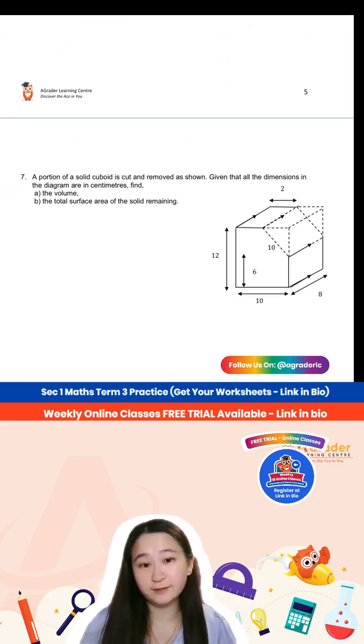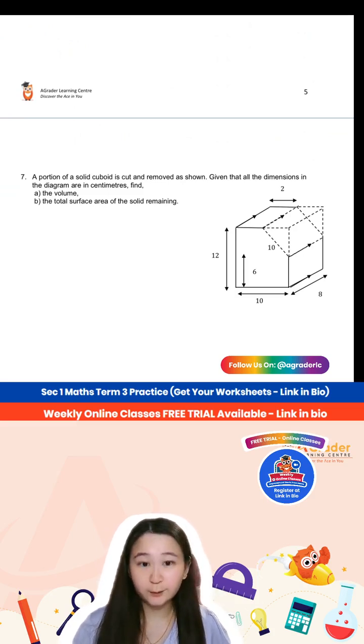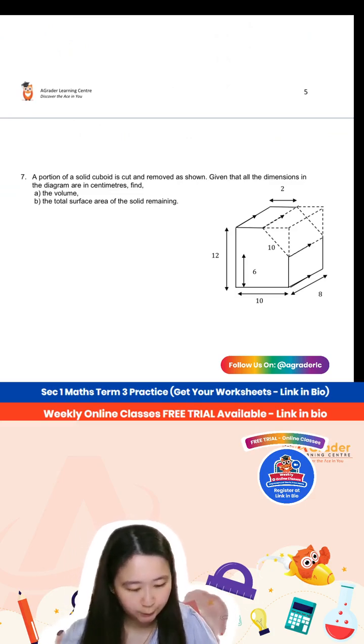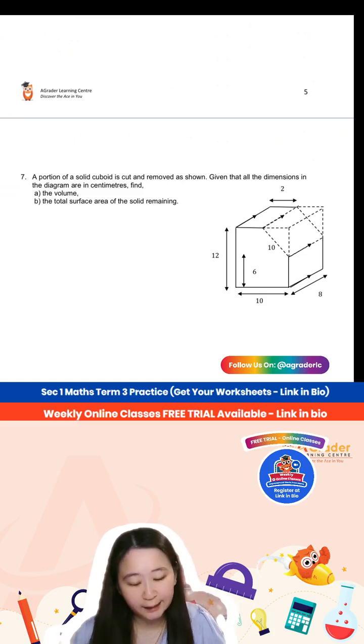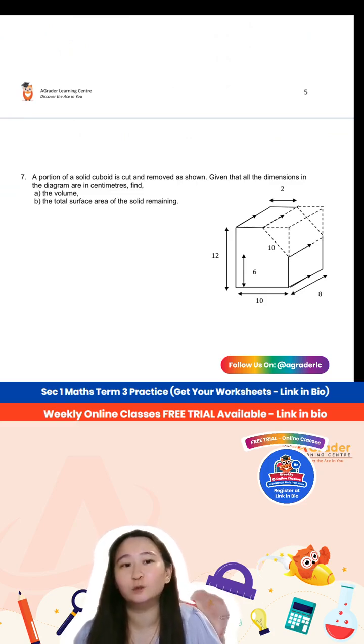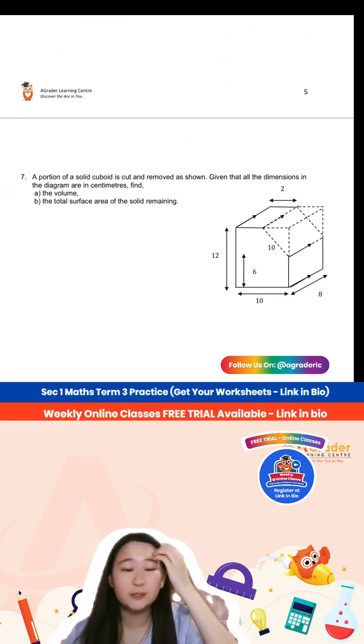Okay, question 7. A portion of a solid cuboid is cut and removed as shown. Given that all dimensions in the diagram are in centimeters, find the volume. So to find the volume, you can just find the volume of the cuboid minus the volume of the triangular prism.